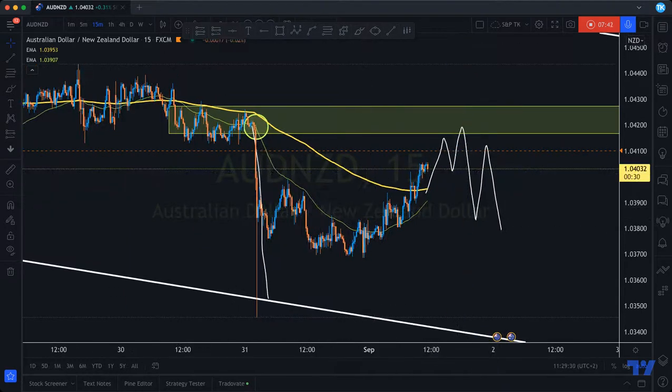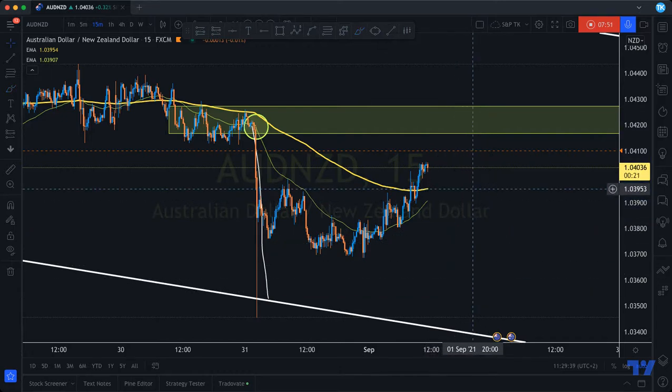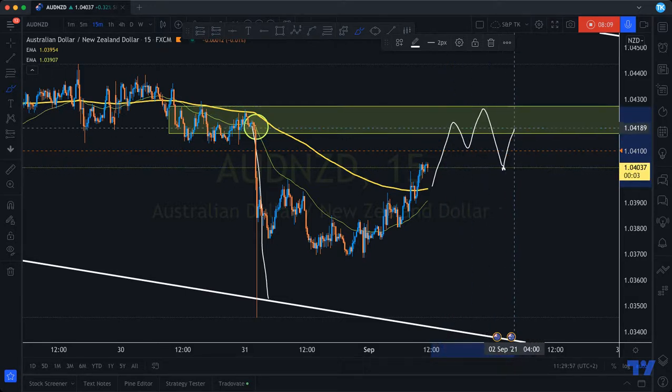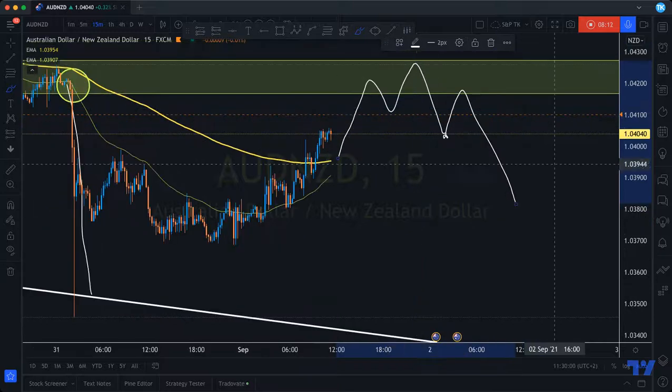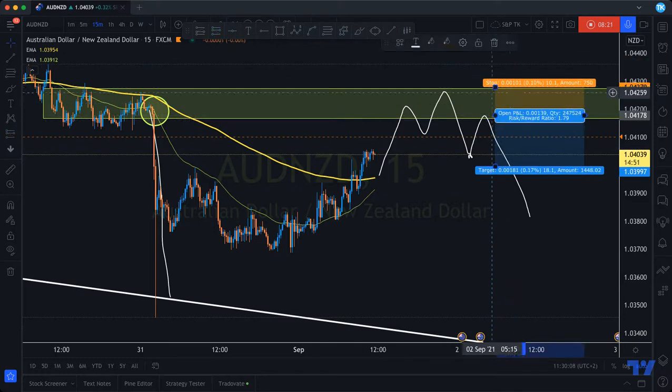So I prefer to wait for this reaction to be confirmed, because the reaction could also be something like this. This is a weak reaction, but it is a reaction. So I want a lower low, I want this movement, and I will open my short here, with stop loss above the higher high.